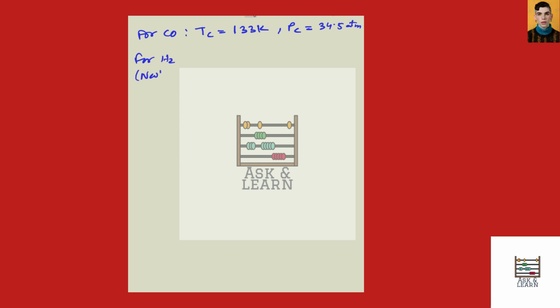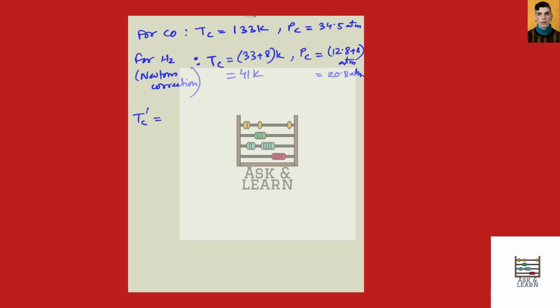And for hydrogen, with Newton's correction, the critical temperature is 33 plus 8 Kelvin, which gives us 41 Kelvin, and the critical pressure is 12.8 plus 8 atmospheres, which is 20.8 atmospheres.